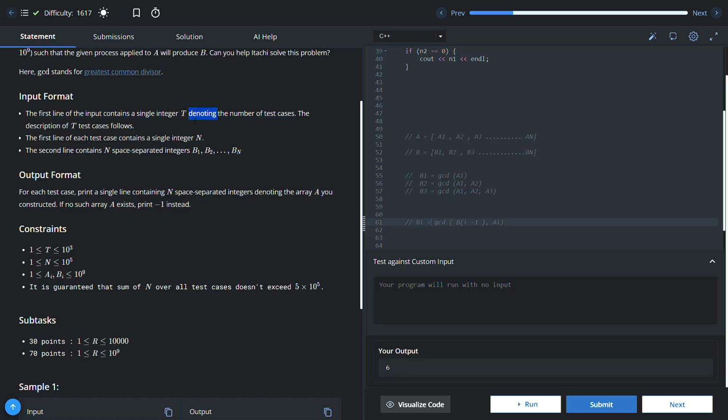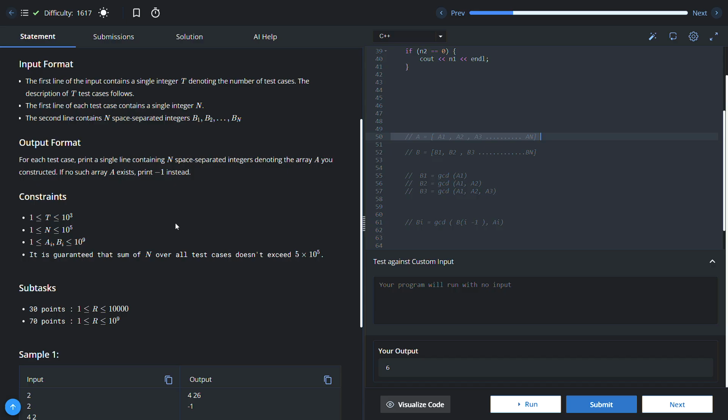The first line of each test case contains n, which represents the size of the array. The second line contains n space separated integers b1, b2, b3 and so on. We are given this B array and we have to find this A array.